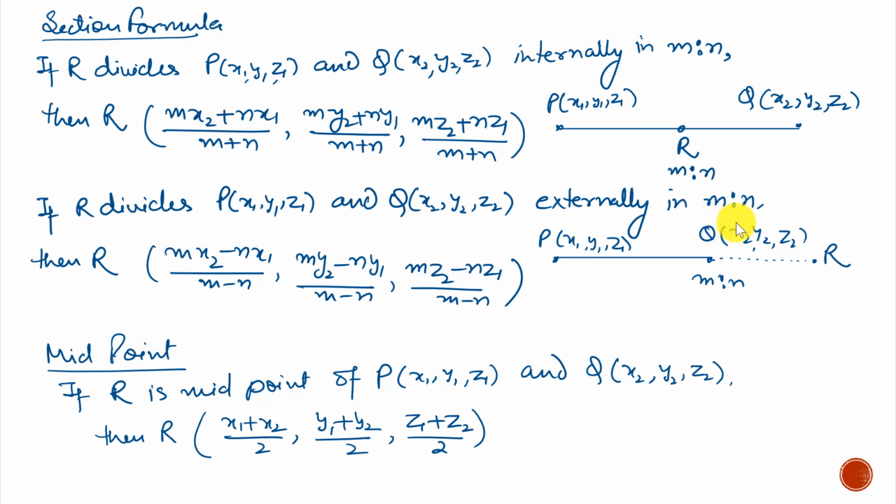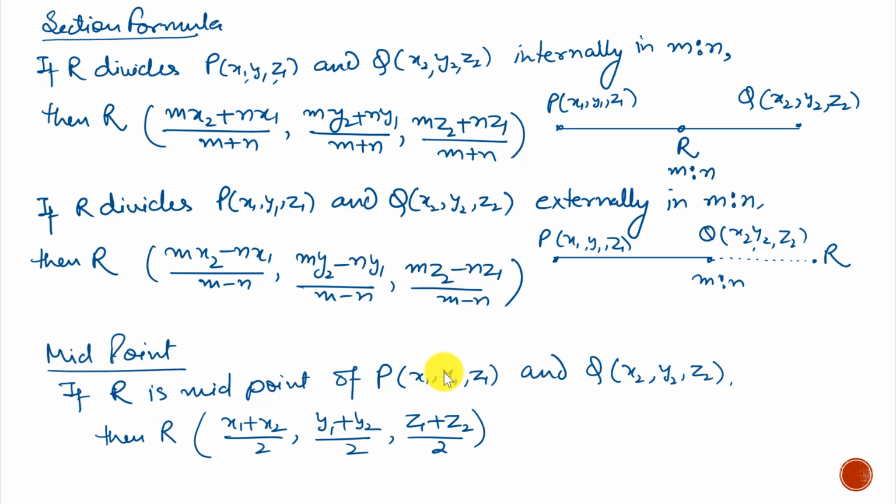But if R divides externally in the ratio m is to n, here PR upon QR is m upon n, so the ratio is m is to n. So the coordinates of R are (m times x2 minus n times x1) divided by (m minus n), comma, (m times y2 minus n times y1) divided by (m minus n), comma, (m times z2 minus n times z1) divided by (m minus n).